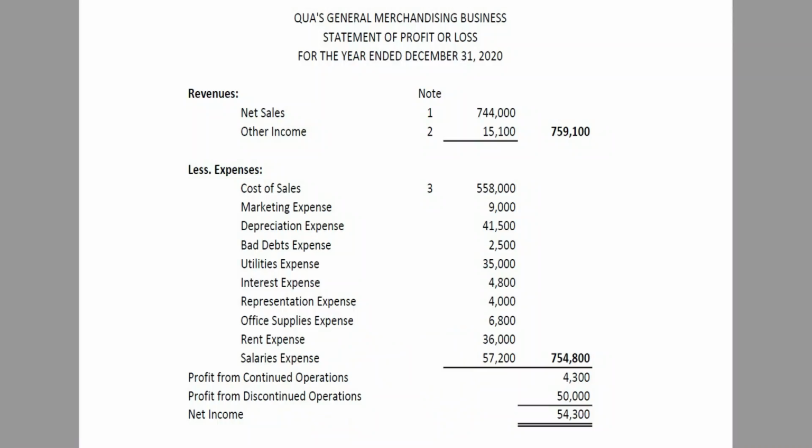So just to give you an example, let's assume that there was a profit from discontinued operations amounting to 50,000. Okay? Wag na natin lagyan ng tax kasi yung example natin hindi naman natin nilagyan ng tax eh.